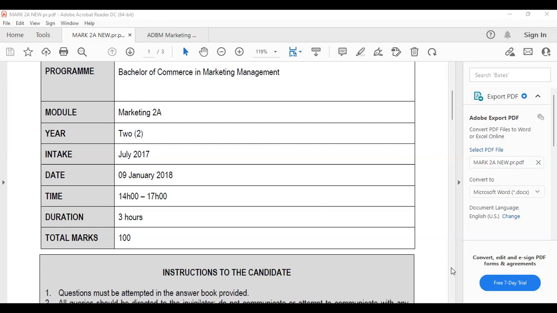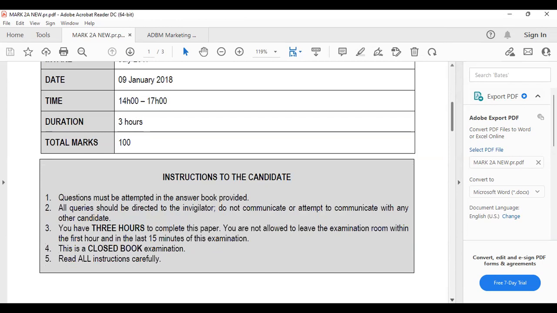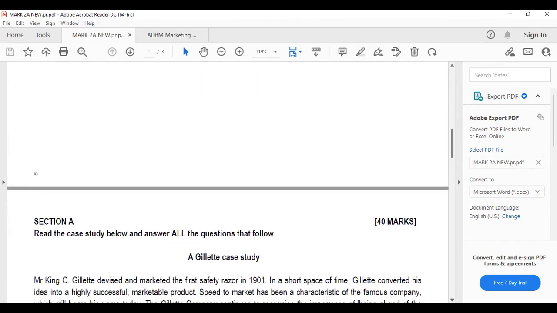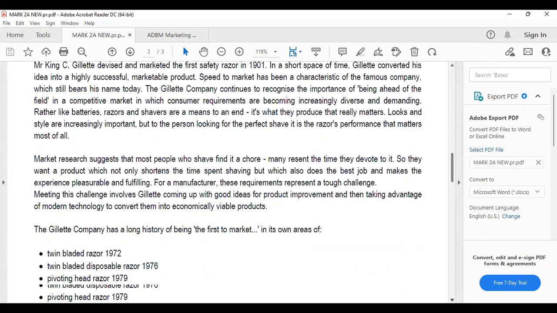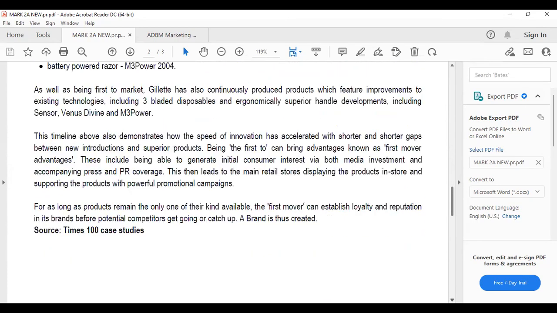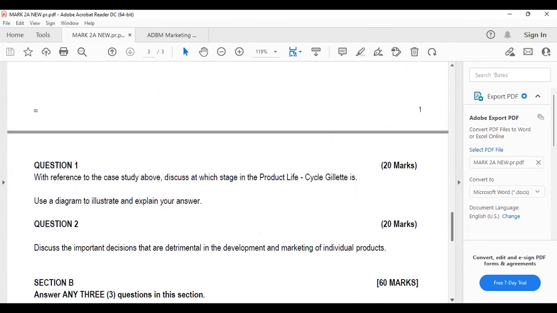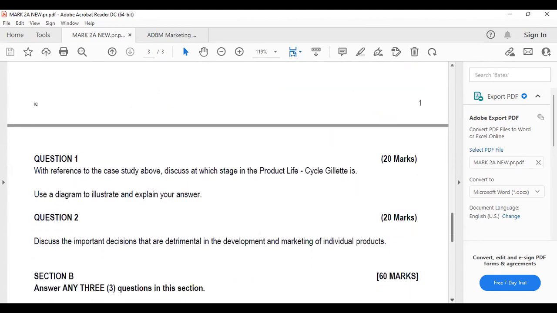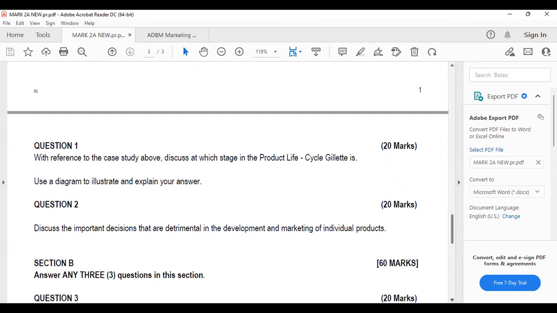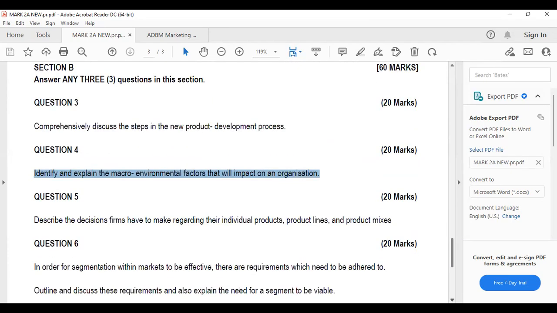So I've been trying to get a question paper that is relevant to what we actually discussed, especially in the study guide. And this is one of the question papers that I got. From the questions that are here, some are actually not part of the syllabus or the study guide that we went through, like question number 2, question number 5 and 6.